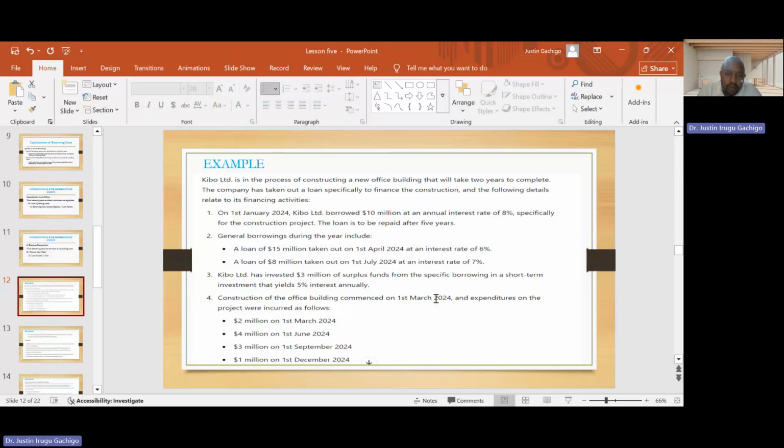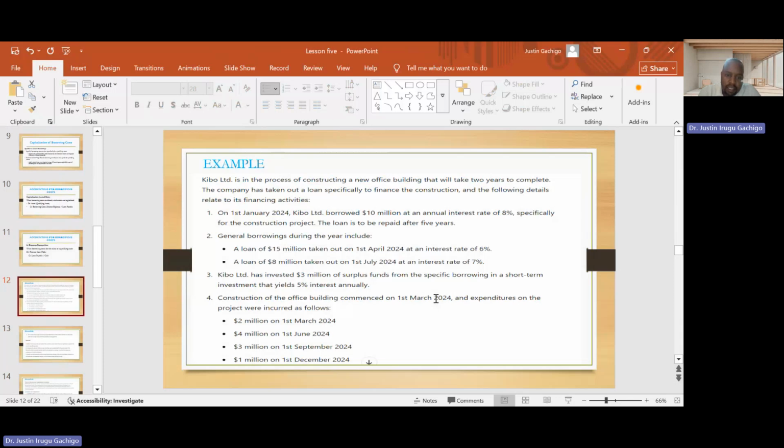On 1st January 2024, Kibo Limited borrowed 10 million at an annual interest rate of 8%, specifically for the construction of the project. The loan is to be repaid after 5 years. General borrowing during the year includes a loan of 15 million taken out on 1st April at an interest rate of 6%, and a loan of 8 million taken out on 1st July 2024 at an interest rate of 7%.